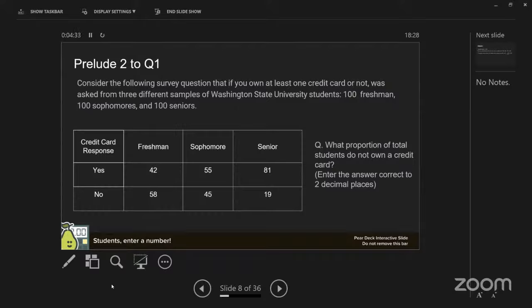Is the answer 40.66 around? 40.66. No, no. Let me get one more answer, then I'll check. 40.66.